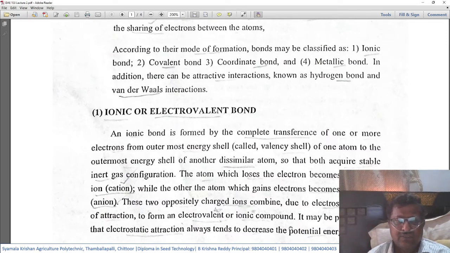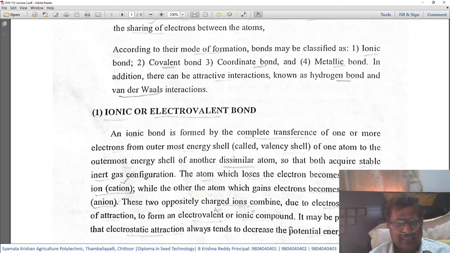The atom which loses the electron becomes a positive ion. So when the electrons from one atom get transferred into the other atom, the atom which loses the electrons will become positive, as electrons are negatively charged particles.